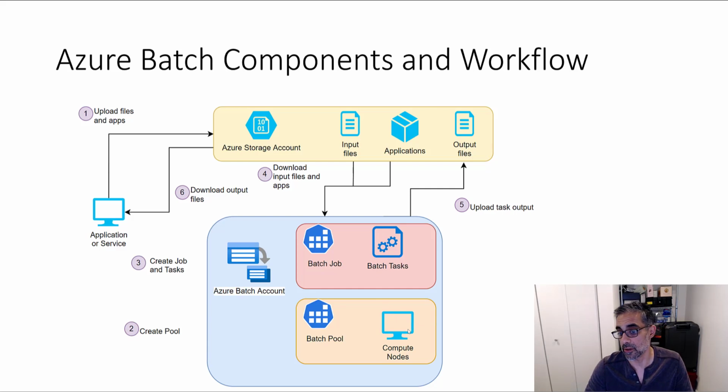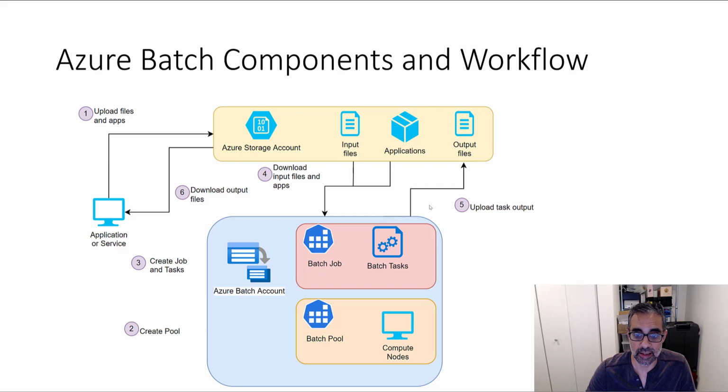You could have 100 nodes running here, and so you have to have the application on all 100 nodes, right? And so the Azure Batch account manages that for us. And then the input files would be the videos. And so Azure Batch manages getting the input files and distributing them amongst the compute nodes as well. So the task of divvying up the work amongst the nodes, the hard part, is done by Azure Batch.